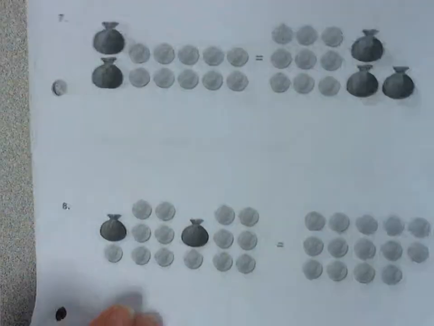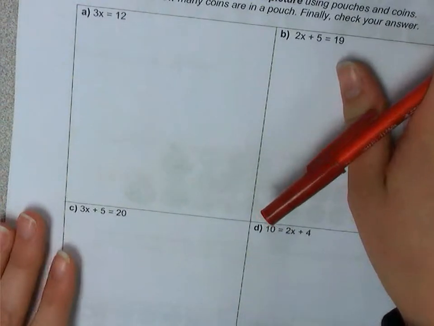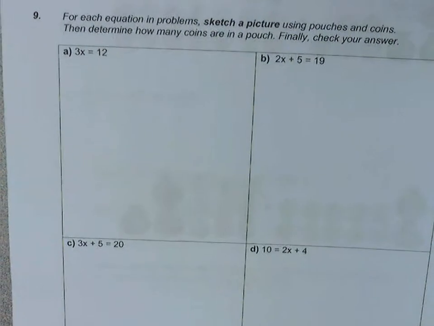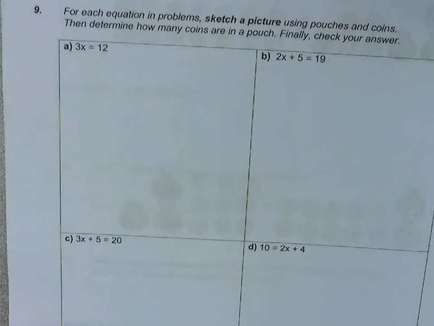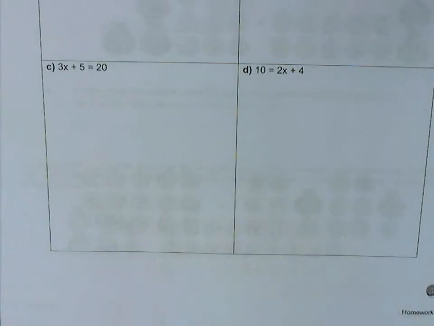Okay, I'm going to flip to one of the harder ones, where they give you an equation to start with. So this is number 9 on your ACE problems. I'm going to do D, looks like a good one to do. It says for each equation in problems A through D, sketch a picture using pouches and coins.